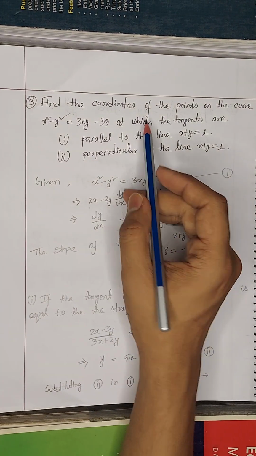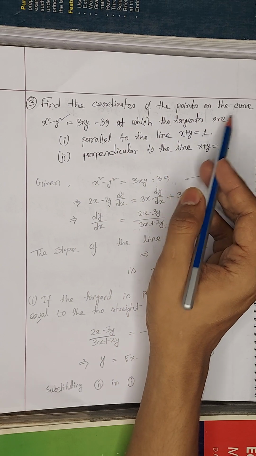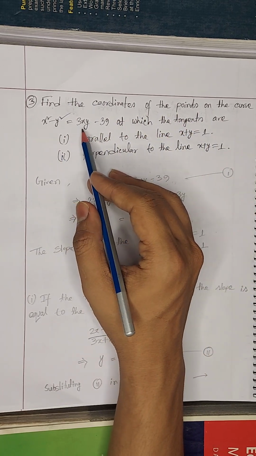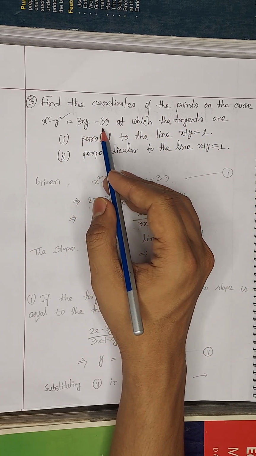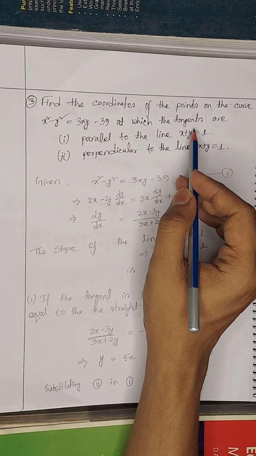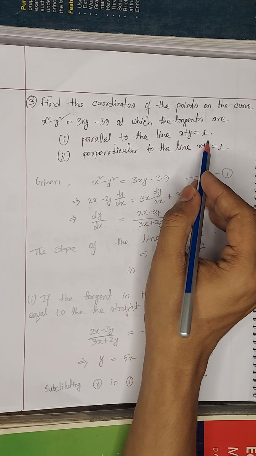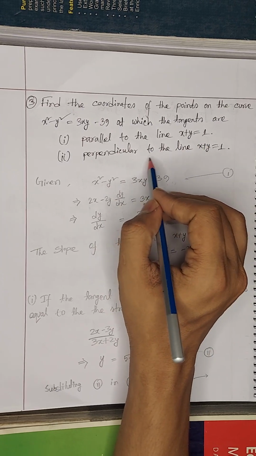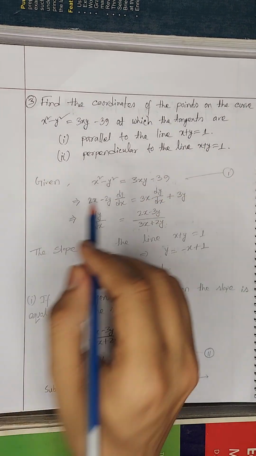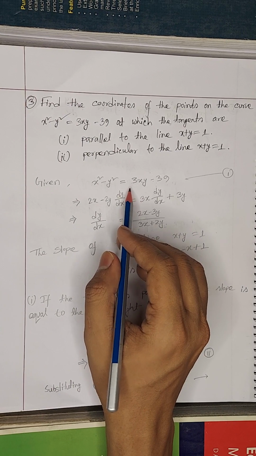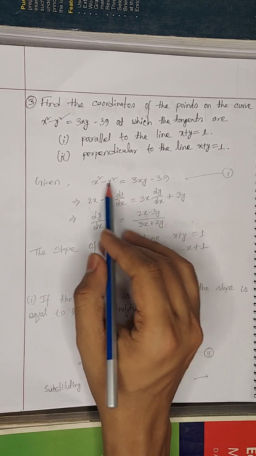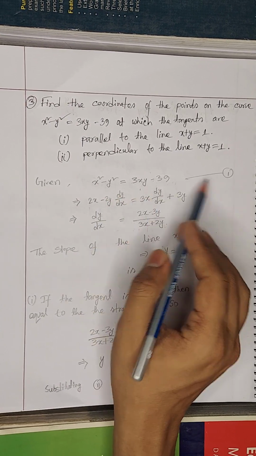Here is another problem. We have to find the coordinates of the points on the curve x square minus y square is equal to 3xy minus 39, at which the tangents are, first, parallel to the line, and then perpendicular to the line. Okay, so the equation of the given curve is this.